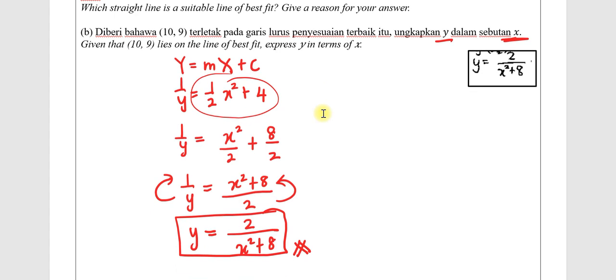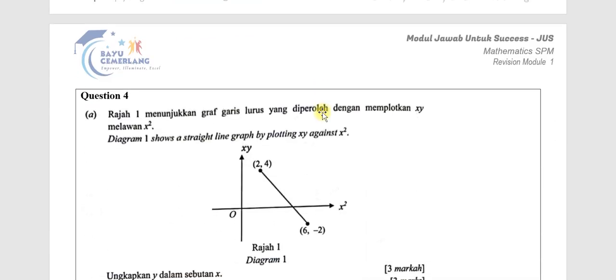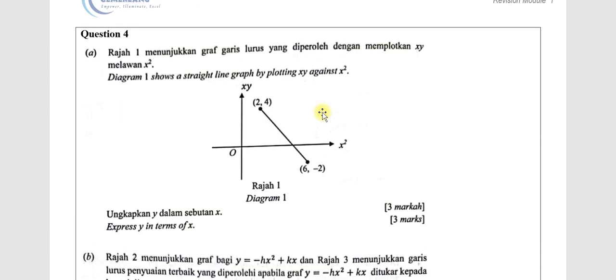Okay, let's move on. Question number 4. Diagram 1 shows a straight line plotting xy against x squared. Express y in terms of x. This type of question is very common already. First of all, you extend the line.